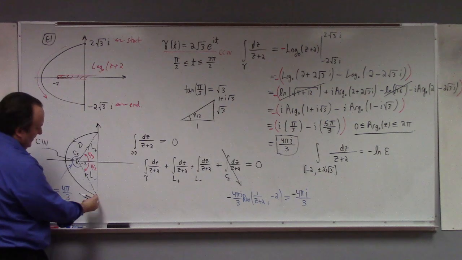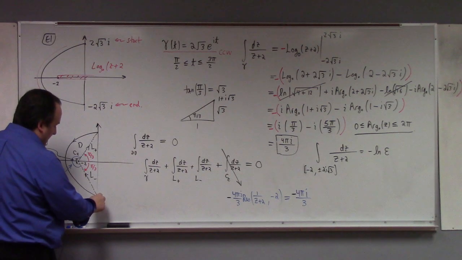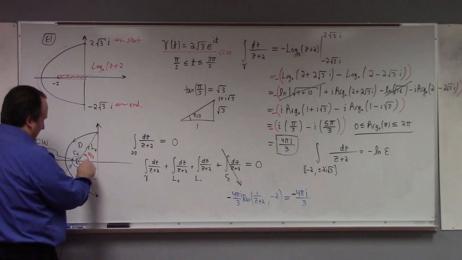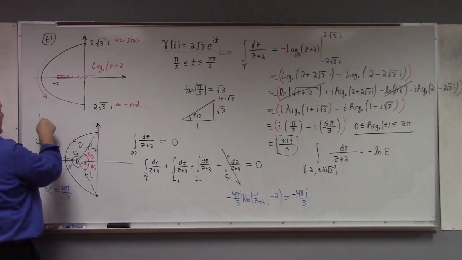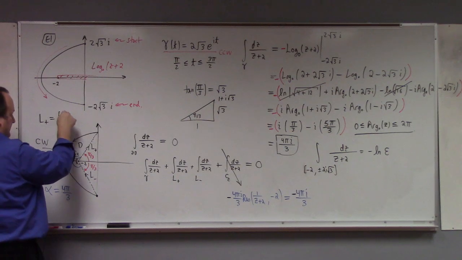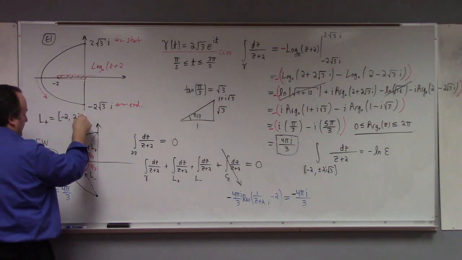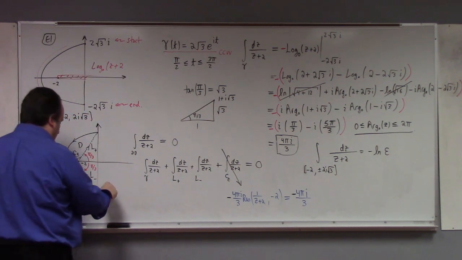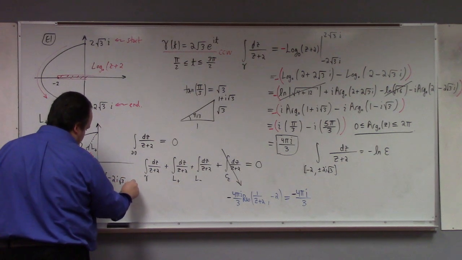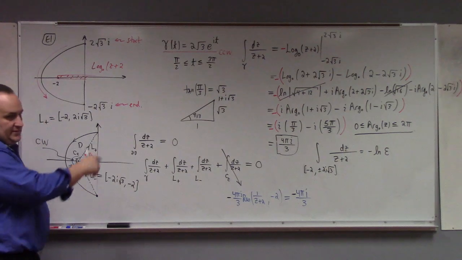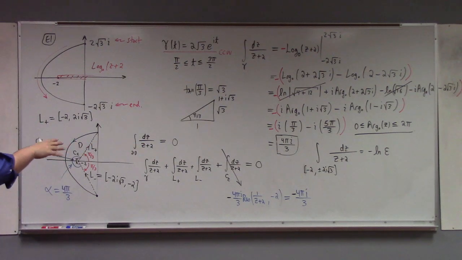L plus is minus 2 to 2i root 3, but L minus is actually minus 2i root 3 to minus 2. So those being equal means that they cancel.